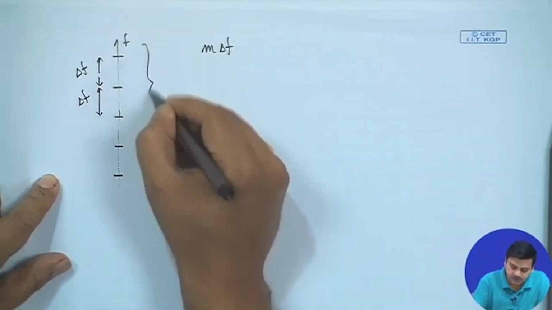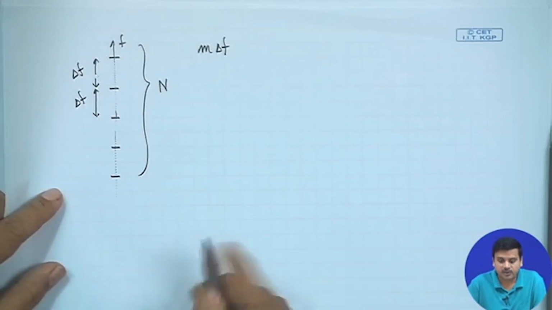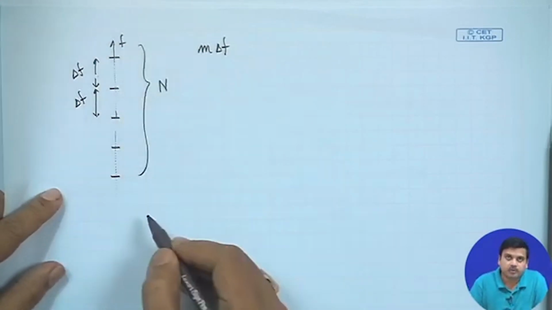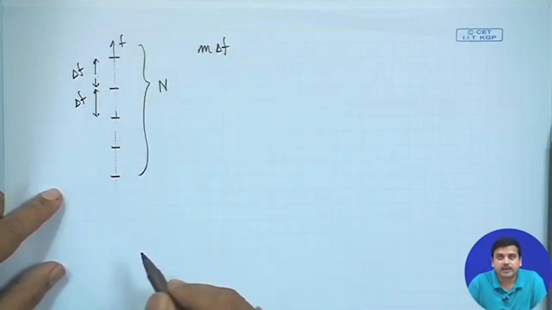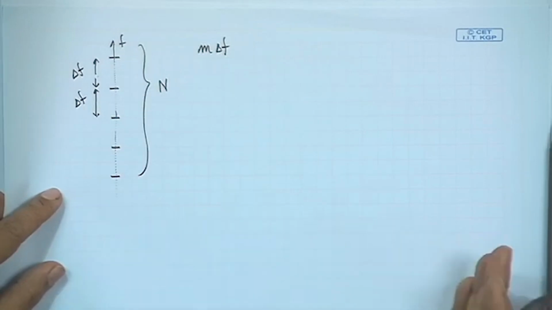So, if there are n such possible selections available and each of them is orthogonal to the others, we had n array FSK. So, there was n dimensional signaling that we said.